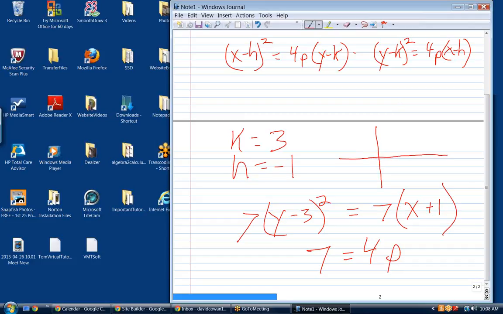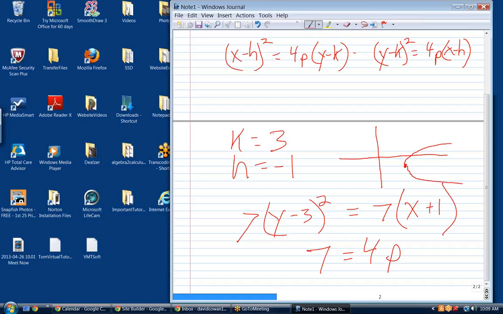So the vertex is at (minus 1, 3). We know that since the coefficient of the y squared term is positive, this is going to open to the right. So it's going to look something like this.